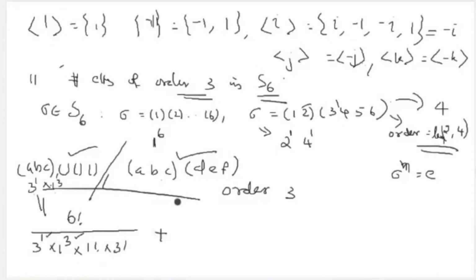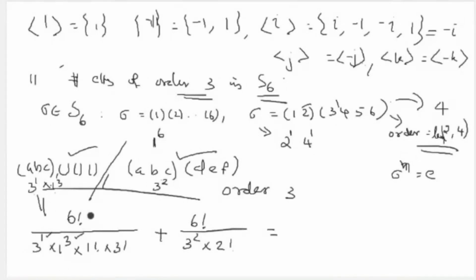Similarly, there are elements of this type, 3 raised to 2. The structure is 2 cycles of length 3. Such elements number 6 factorial divided by 3 squared into 2 factorial. Okay, so what is the result?